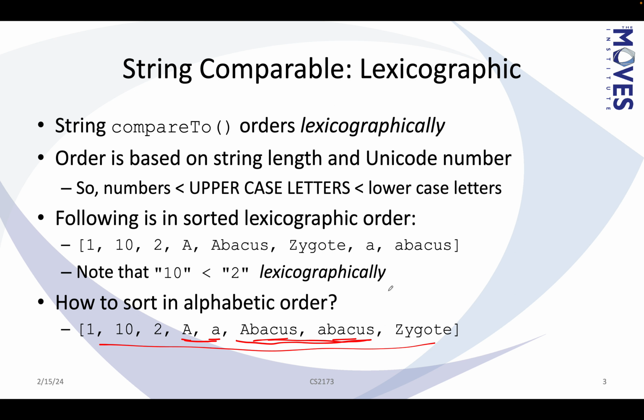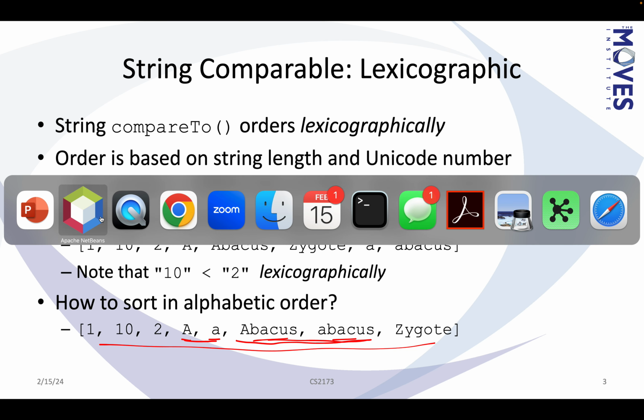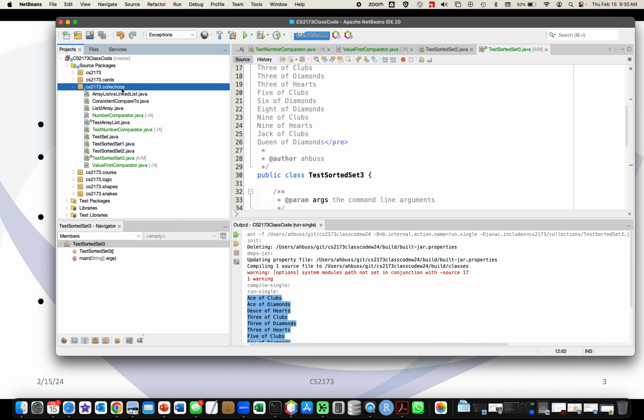The string class actually has a comparator that does it alphabetically, except it's case insensitive, meaning it will only keep one of these, and I want both of them. So how can I do that? And that's the trickier one.